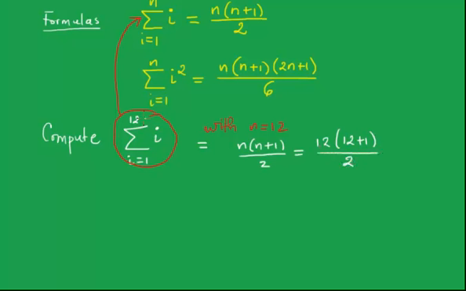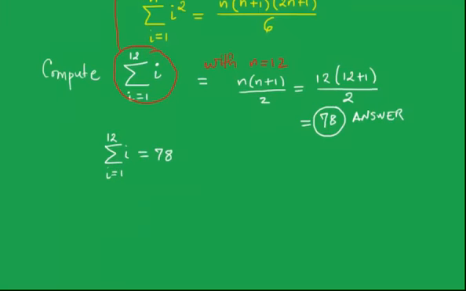Remember, n here is 12. And then you get 12 times 13 divided by 2. So if you compute that, you should get 78. So this is the answer. The summation from i equals 1 to 12 of i is equal to 78.